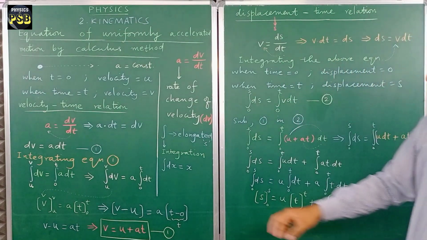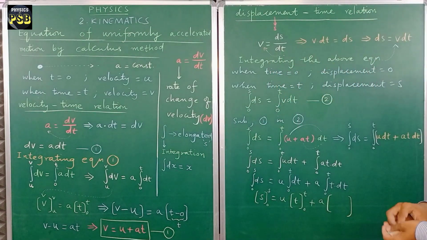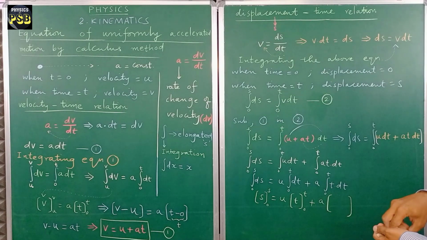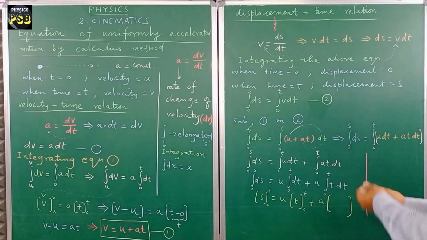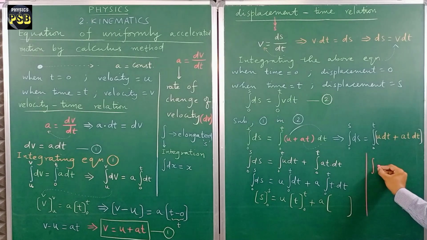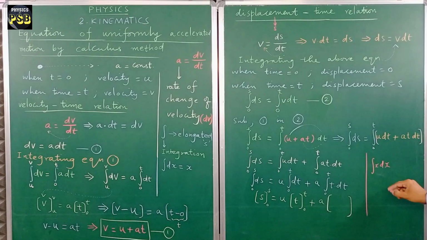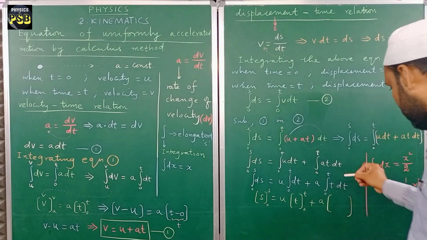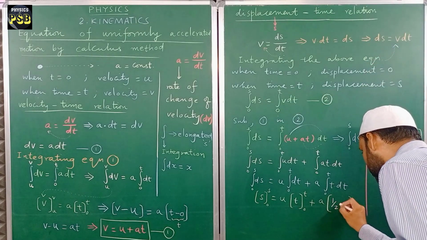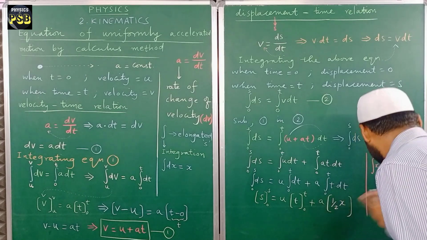When I integrated dx, I obtain x. I introduce one more formula here. Integral of x dx. This equation is similar to this one. If we integrate x dx, then we will get x square upon 2, which can be written as half x square. In a similar way, I write half x, I'm sorry, not x.